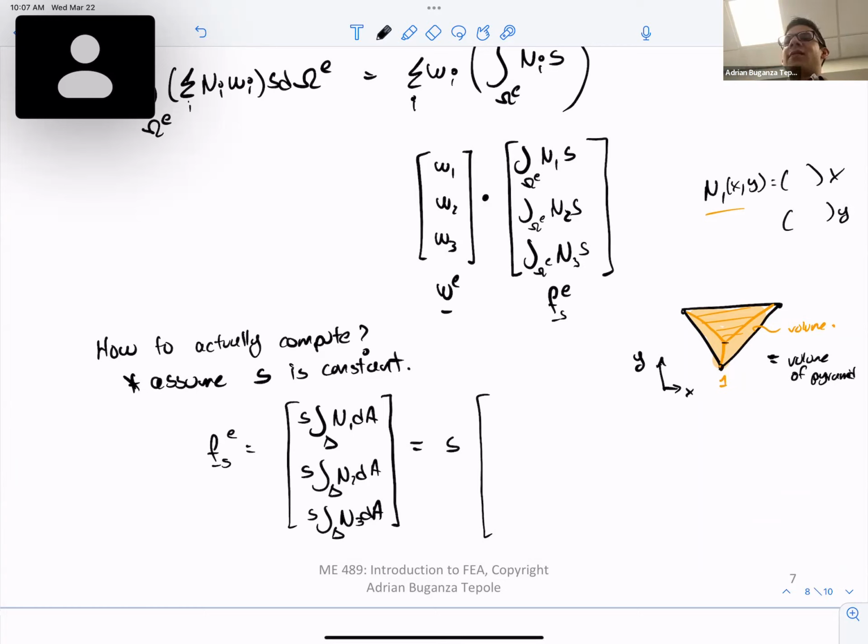So just use the formula for the volume of a pyramid. And actually, they are all the same, in that the volume of this pyramid that has 1 at node 1 and goes to 0 at the other ones, and the volume of the other pyramids, they are all the same.